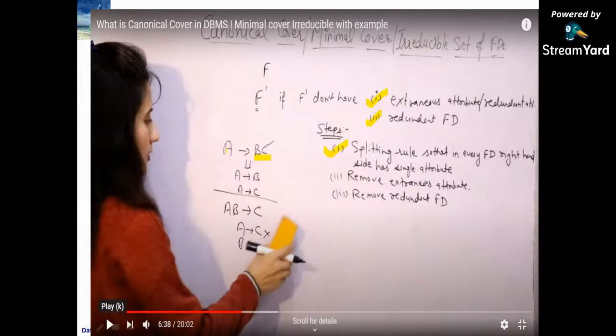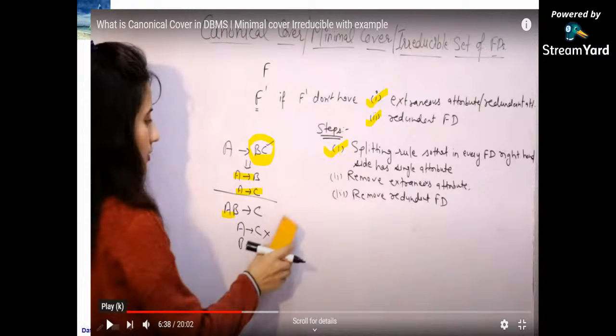You can use the decomposition rule, and you can do it by adding two functional dependencies, which are A tends to B and A tends to C. So in the right hand side, if you have multiple fields, split them. But in the left hand side, we are not processing at this step.